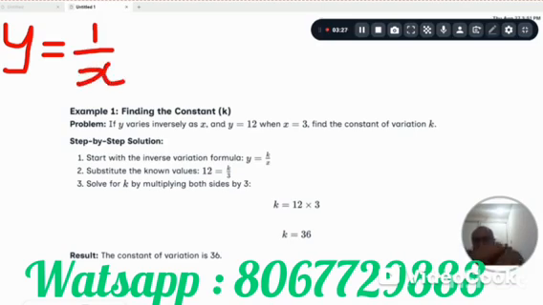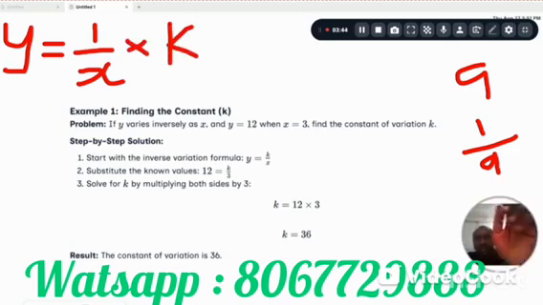So y varies as the inverse. Don't forget the inverse of x is 1 over x. The inverse of 9 is 1 over 9. So let's move on. Y varies inversely as x. Don't forget we have to multiply this by k.